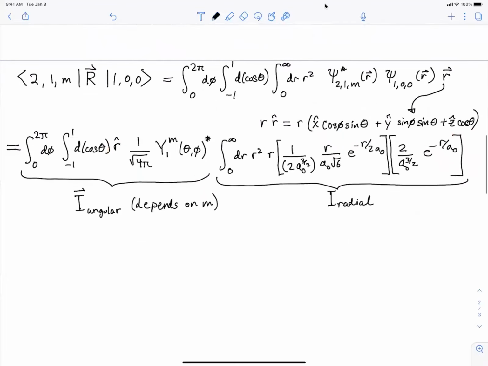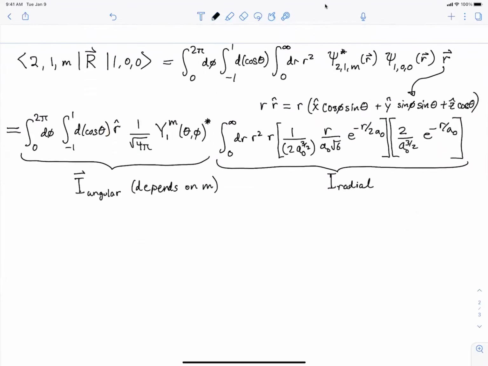All right, so now let's dispose first of the radial part because it's relatively easy. I radial is 1 over square root of 6. And then if you count all the Bohr radiuses, it's 1 over Bohr radius to the 4th. And then we get this integral, r to the 4th, e to the minus 3r over 2 Bohr radius.